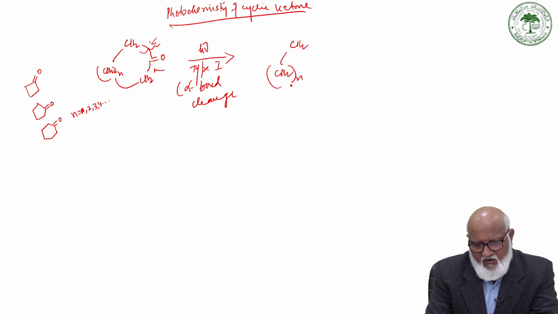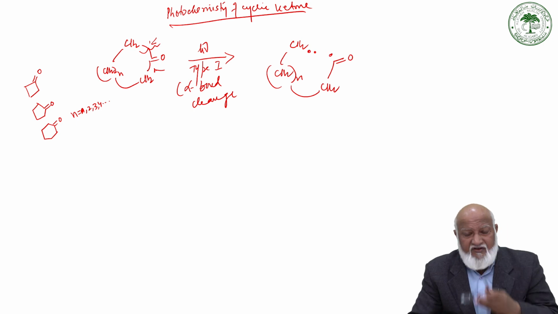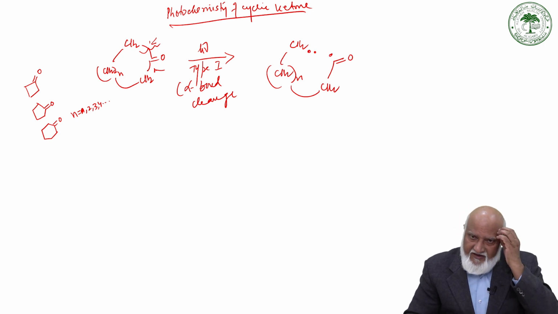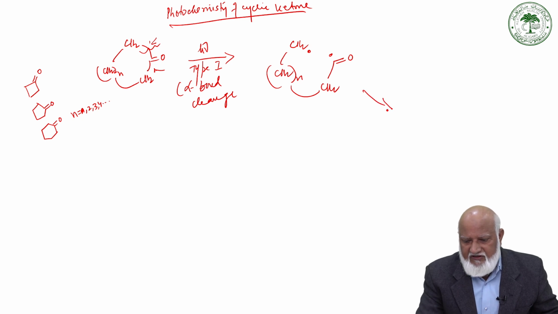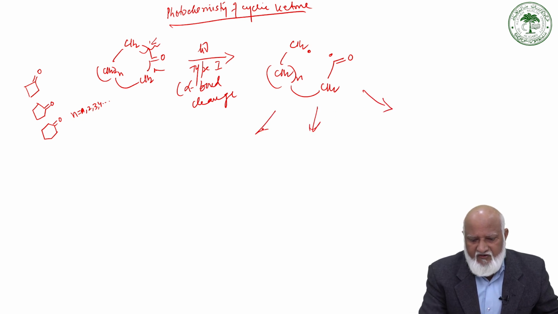Depending upon how long the chain is, we get CH2, (CH2)n, CH2, C double bond O. This is the first step in a cyclic ketone, where we have an acyl radical and a carbon-centered radical. Now different pathways are open for this.